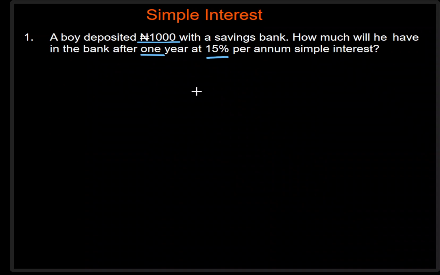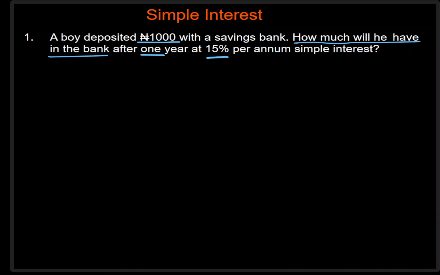So what you must take note of is that this is asking us how much will he have in the bank. Someone depositing 1,000 naira with a savings bank, what he's going to get in the bank will not just be the interest.